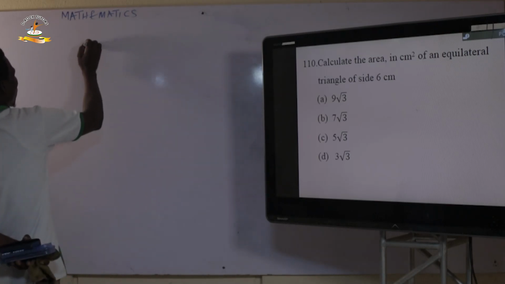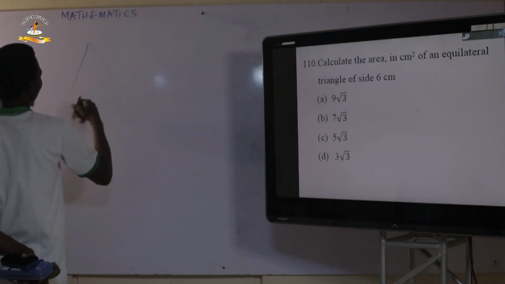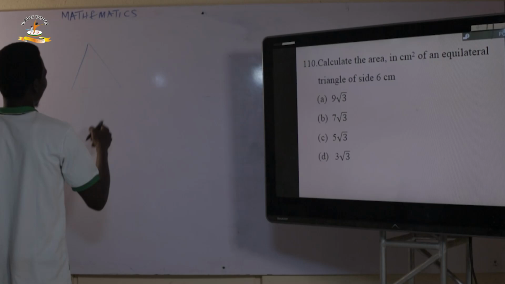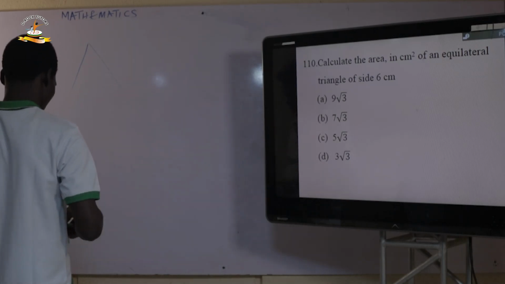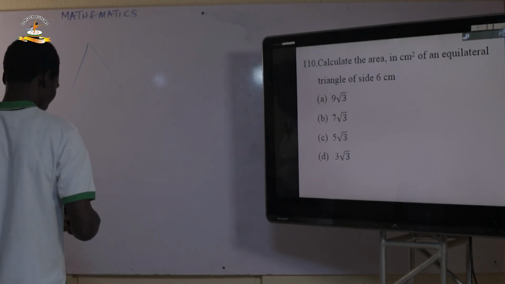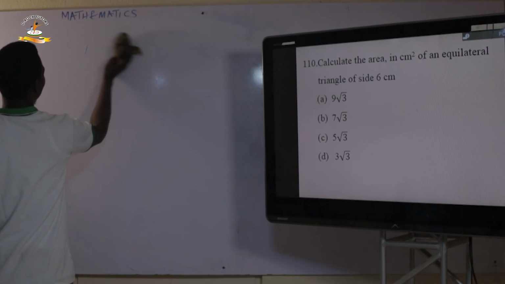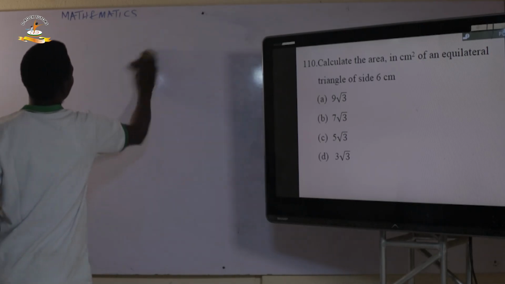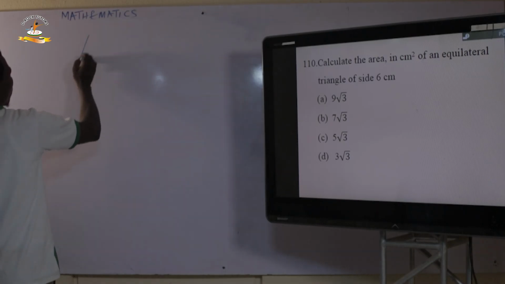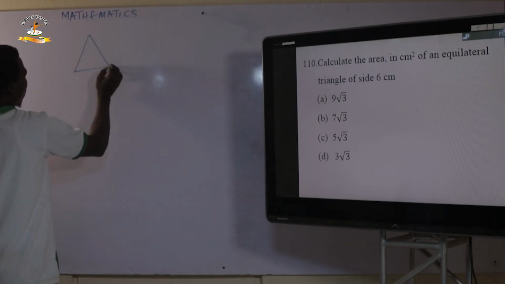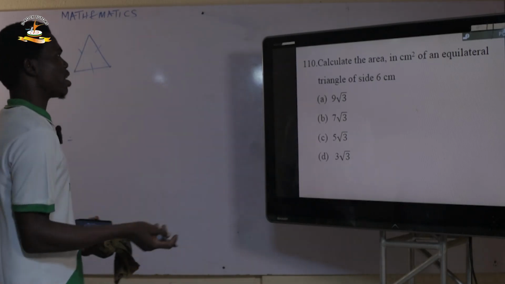Let's draw it out. We just put these three lines to show that it is an equilateral triangle.